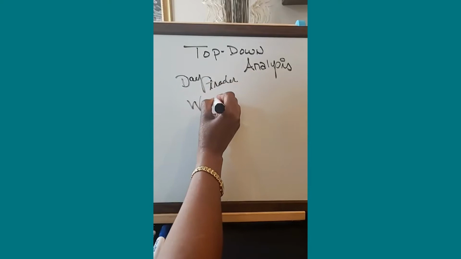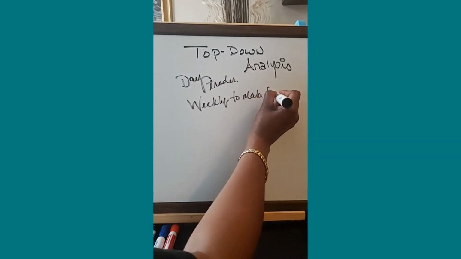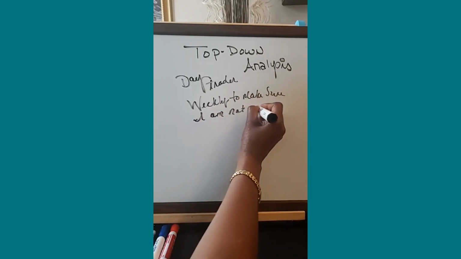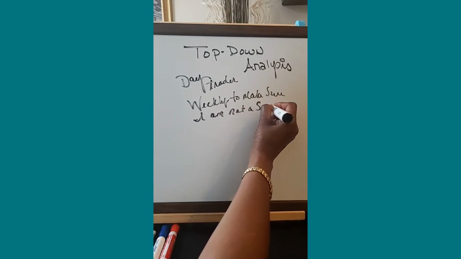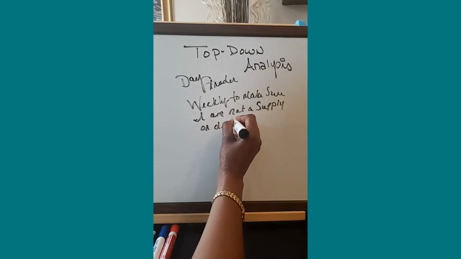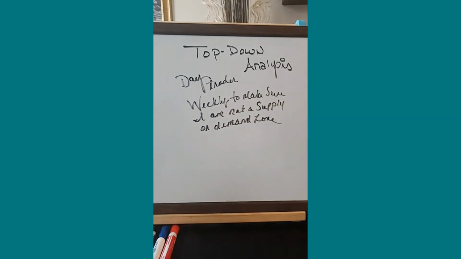I look at my weekly candle to make sure it has not reached a supply or demand zone. So write that down because I'm going to erase this really quick.